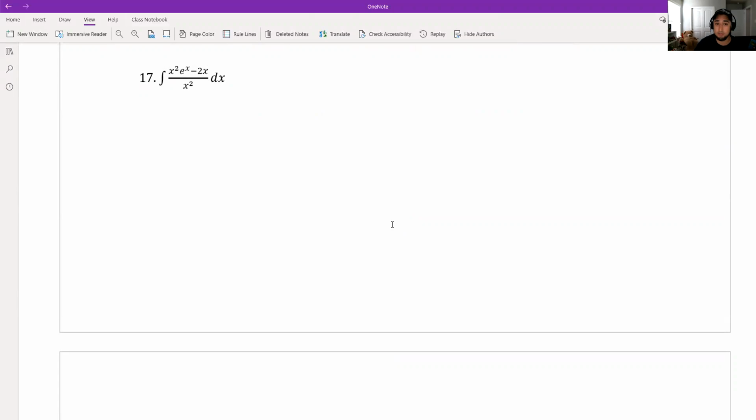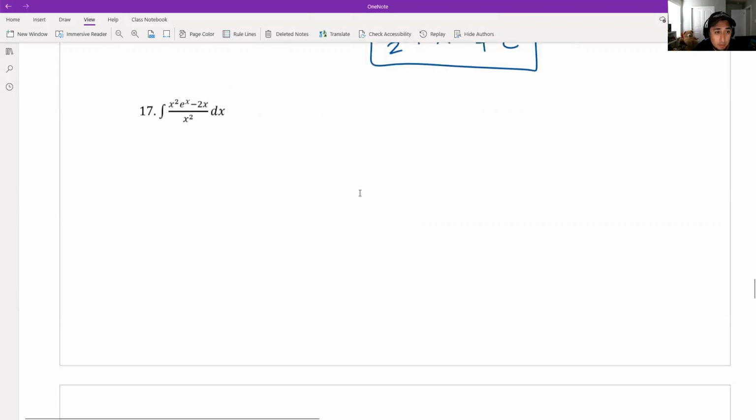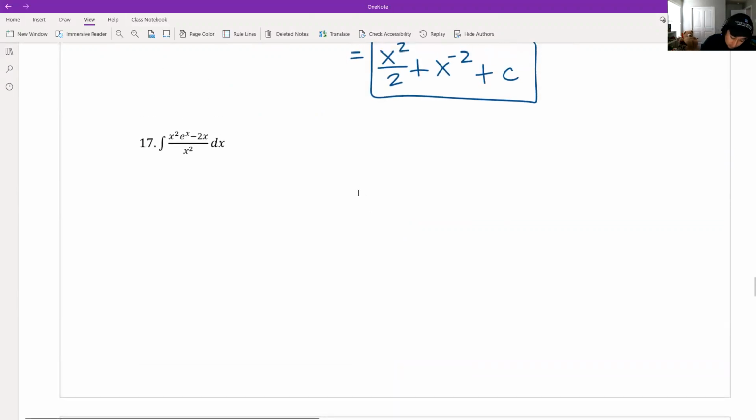Split it into 2 fractions, just like we've been doing. There we go. Equal to the integral of x squared e to the x over x squared minus 2x over x squared dx. Simplify. You get the integral.